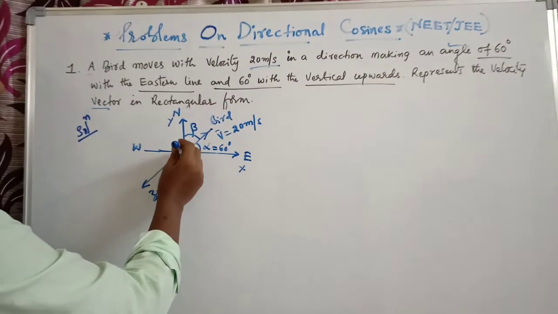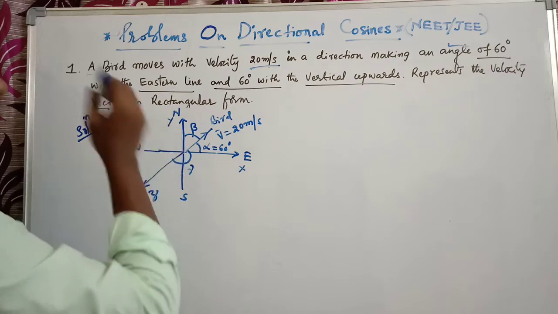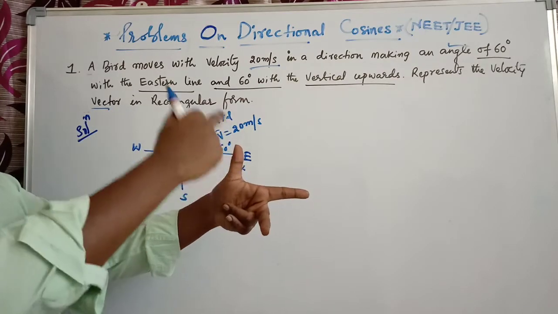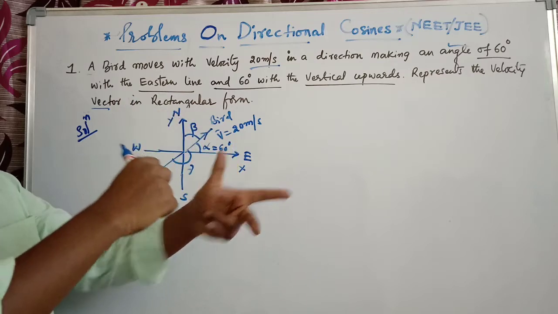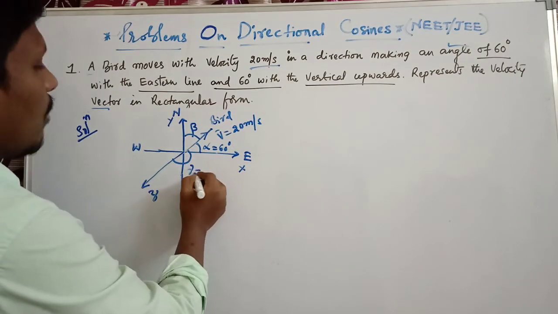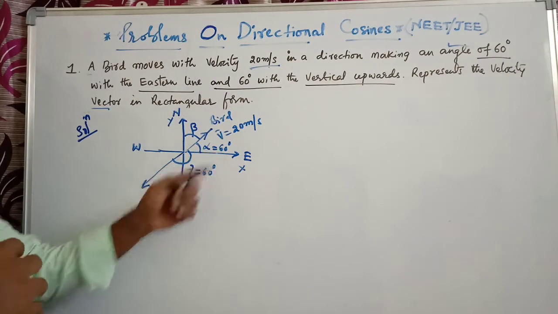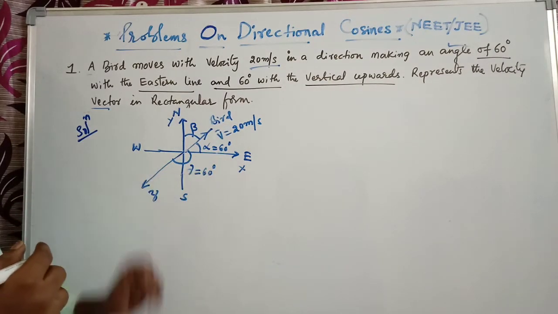This is the vertical, the z axis, so the gamma value is given. So alpha is 60 degrees and gamma is 60 degrees.